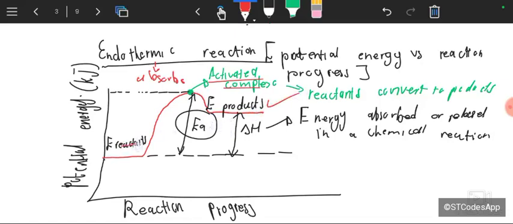The energy that you take from where you start all the way to the activated complex, where you then change to your product, is called the activation energy. It's the minimum energy you needed for you to transition from your reactant to your product.